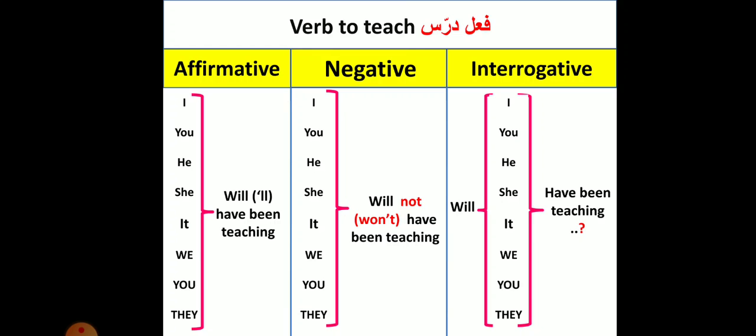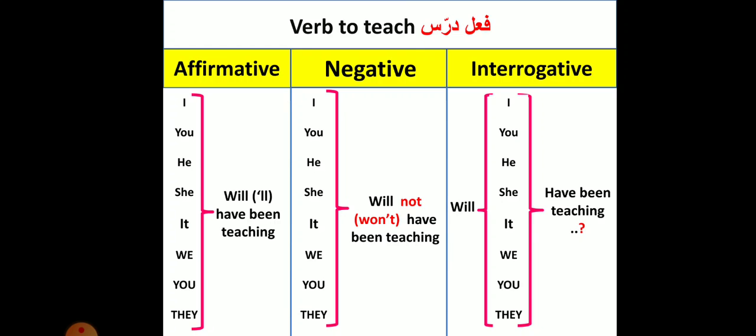For the negative form, I will not have been teaching. This is the full form. For the short or contracted form, I won't have been teaching. So won't is will plus not. It is the short form and we use it when we are speaking informally.